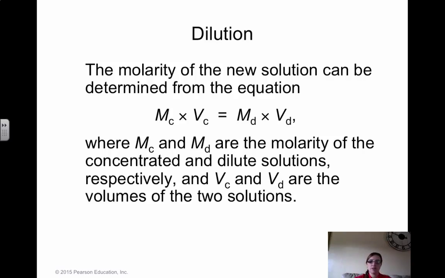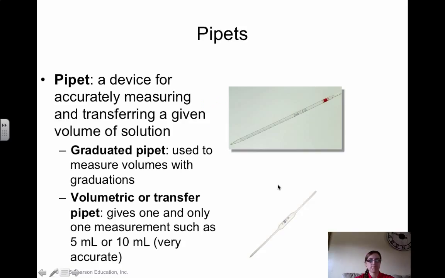Something important to remember: the volumes need to be in the same units. If one is given to you in milliliters and you're asked to find the other volume, that's fine. Just remember that it's also in milliliters. But if you prefer to convert to liters because that makes your life easier, then go for it.